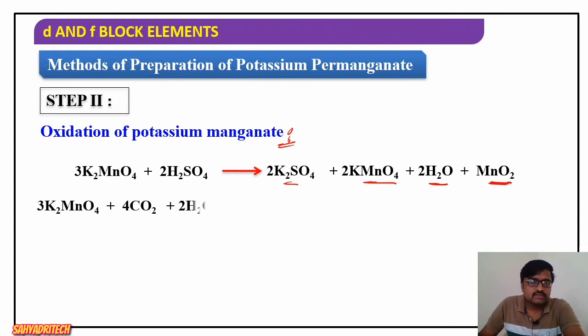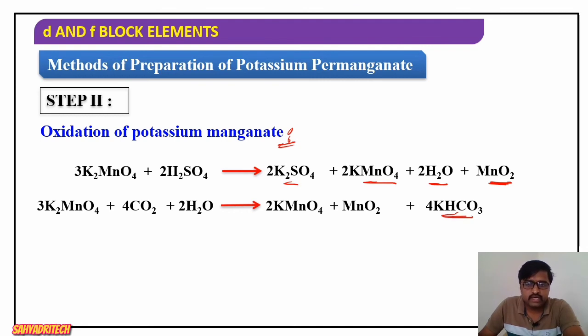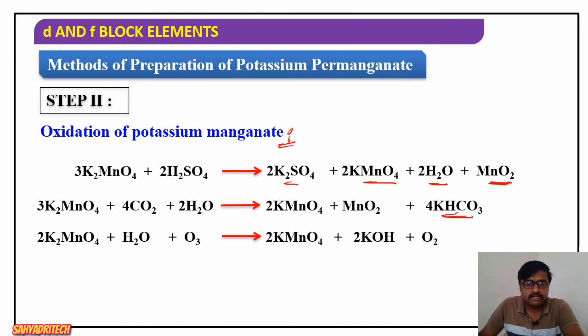Further, it can be oxidized by passing carbon dioxide gas. When we pass carbon dioxide into an aqueous solution of potassium manganate, there will be formation of potassium permanganate, MnO2 and potassium bicarbonate, KHCO3. And when potassium manganate is treated with ozone, oxidation takes place, giving 2KMnO4 plus 2KOH plus O2.